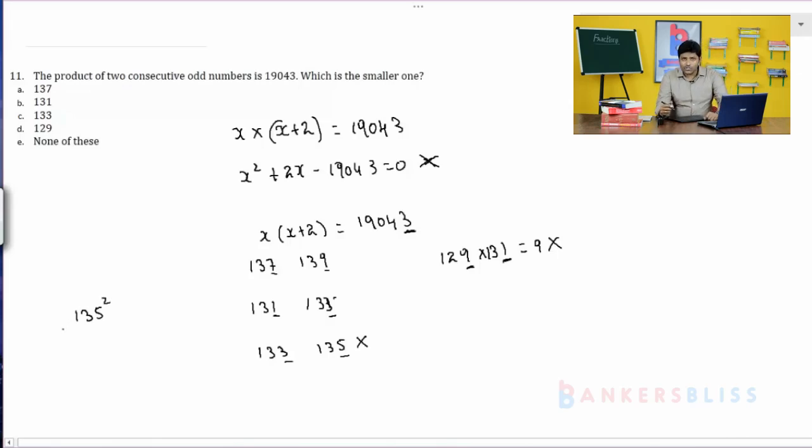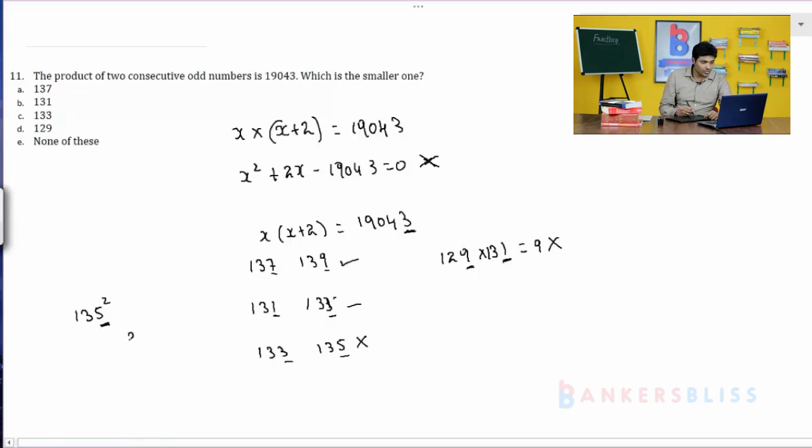If the 135 square value is less than 19043, then obviously your answer should be 137 into 139, because 137 into 139 is definitely more than 135 square. If 135 square is more than 19043, then the answer should be 131 into 133, because that is less than 135 square. So, 135 square you have to calculate.